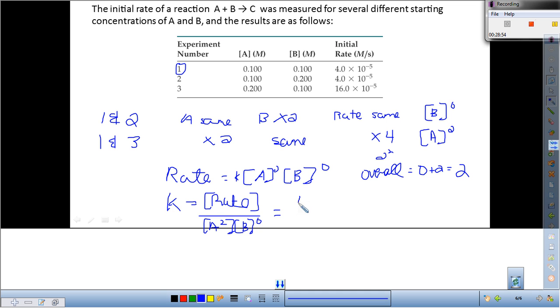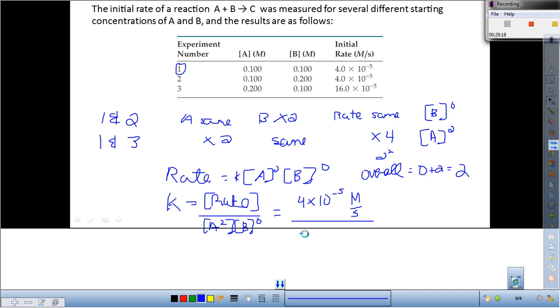So what's my rate? It's 4 times 10 to the negative 5. And I'm going to put some units on here: molar per second. Then I'm going to divide it by the concentration of A. So what's A?